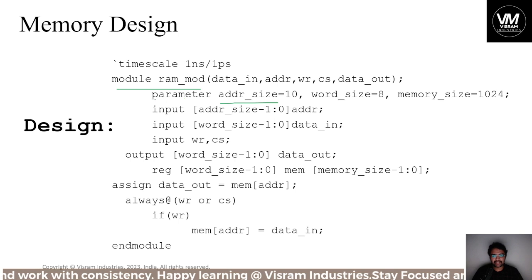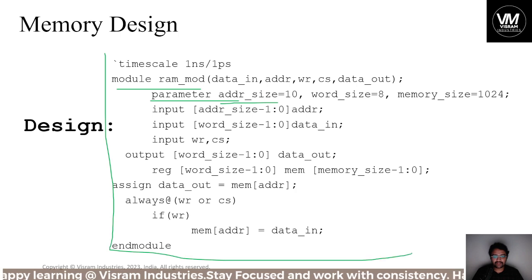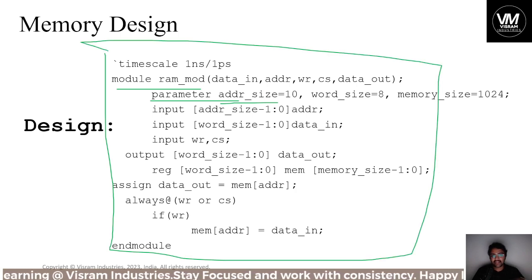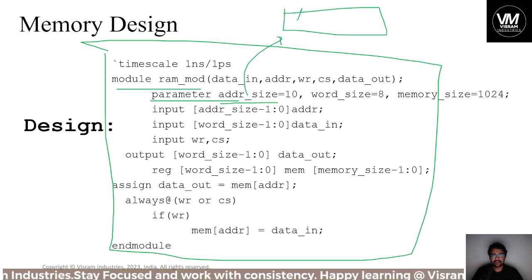Usually you need not write this parameter, but if you write it, it is used in the whole bunch of Verilog HDL files. So imagine for this module you have an extension module, and for that extension module you are using this address size again in the next extension Verilog file.